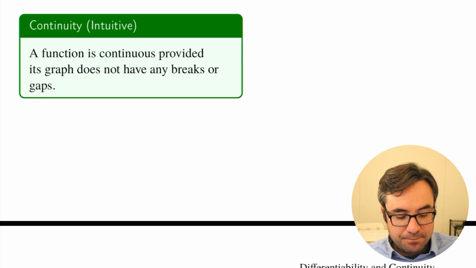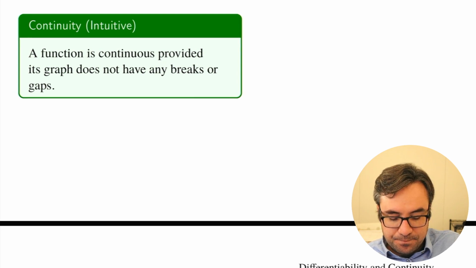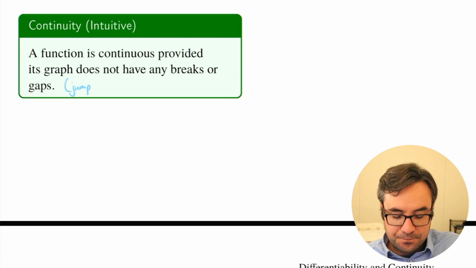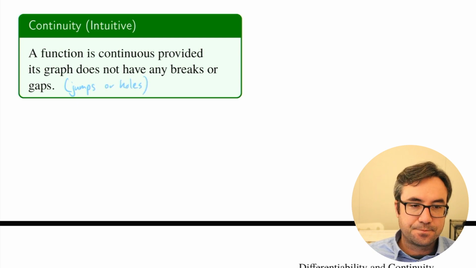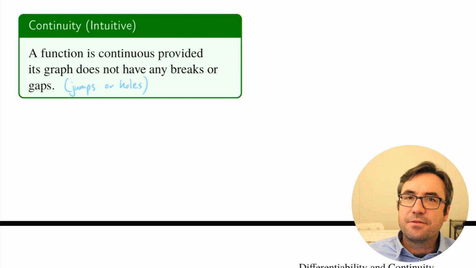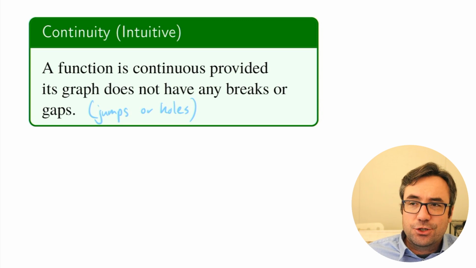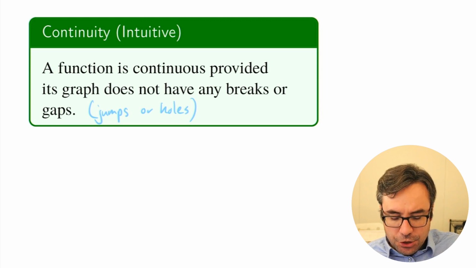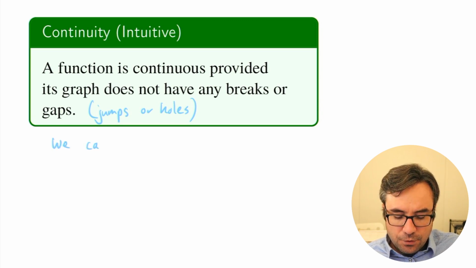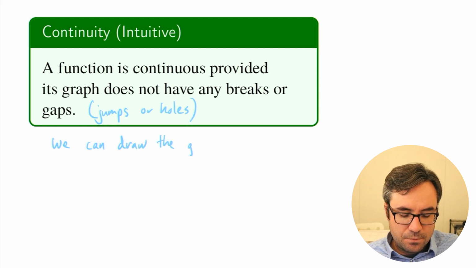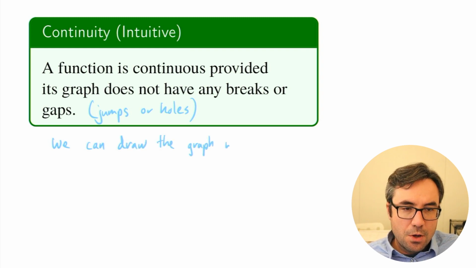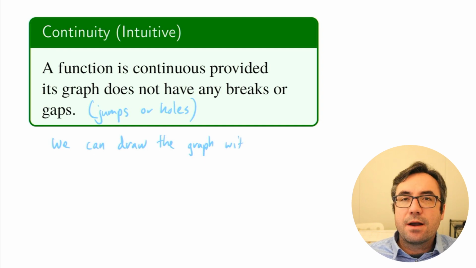So really, we're looking at whether our graph has any jumps or holes in it. And another way to think of continuity is when you draw the graph, or trace over the graph, you should be able to draw it without ever taking your pen off the page.